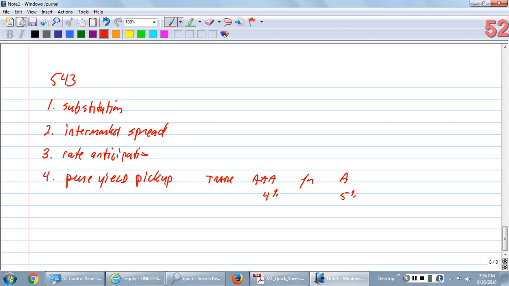We talked about convexity. We've also talked about immunization, negative convexity of callable bonds. So pretty thorough here. And then a couple of bond swaps. So that's going to do it.